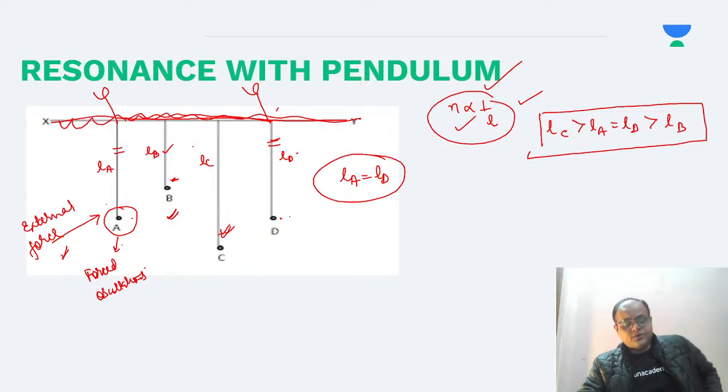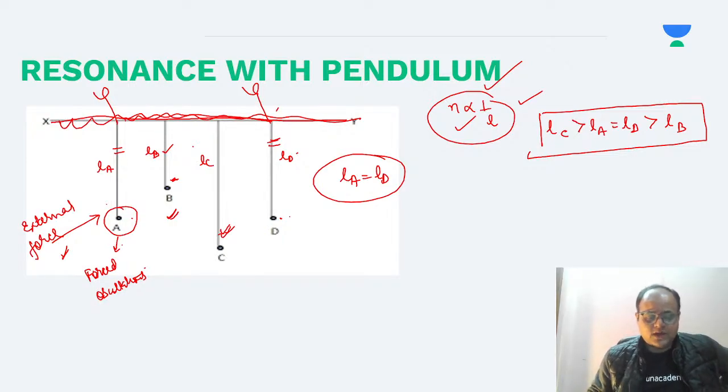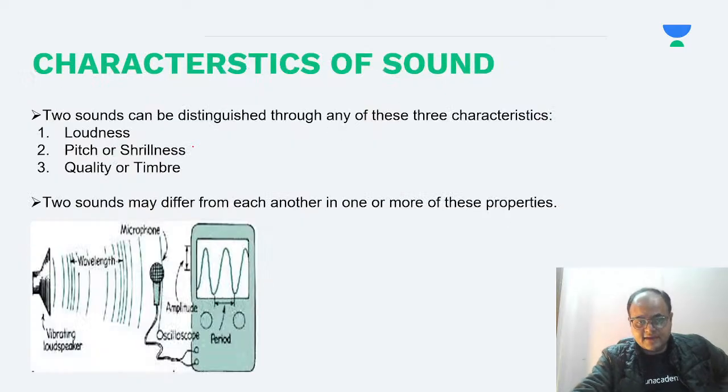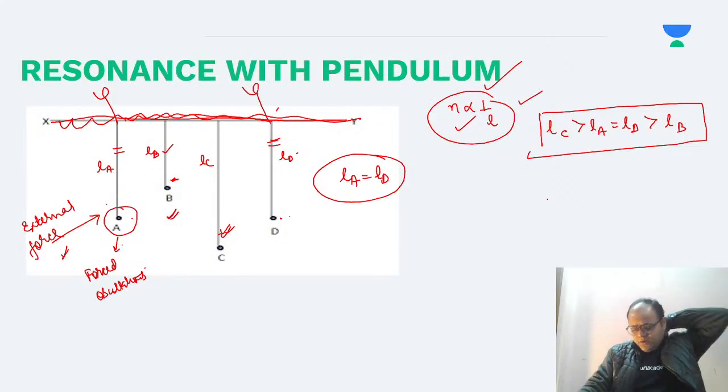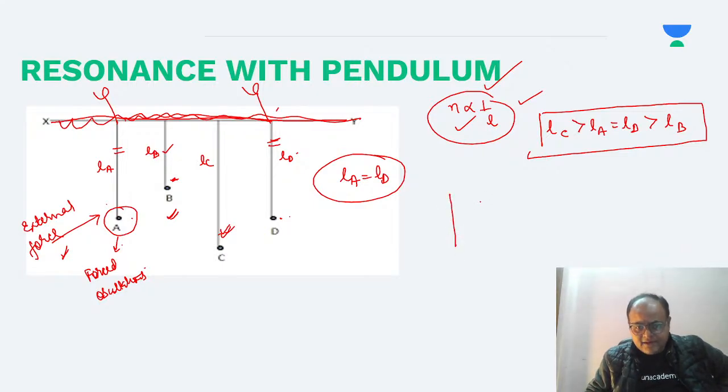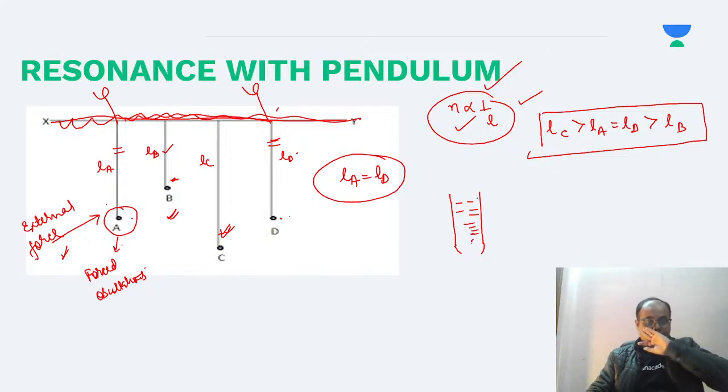Yes, we do have an example for this, this water column as well. What you can do is, I guess I haven't taken, yes, I haven't taken that example, but it's very easy. What you can do is, if you have a tube, say a beaker, maybe, and you have a tuning fork on that. So what happens?